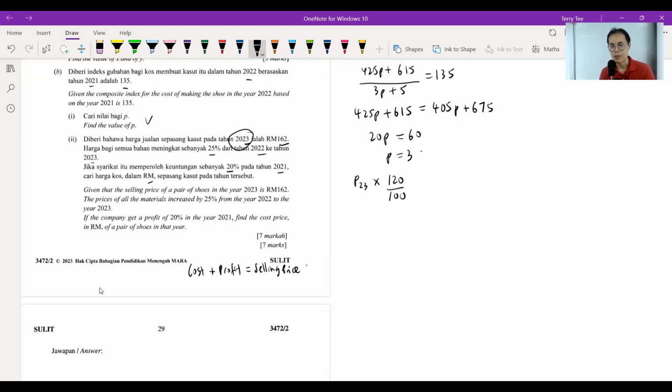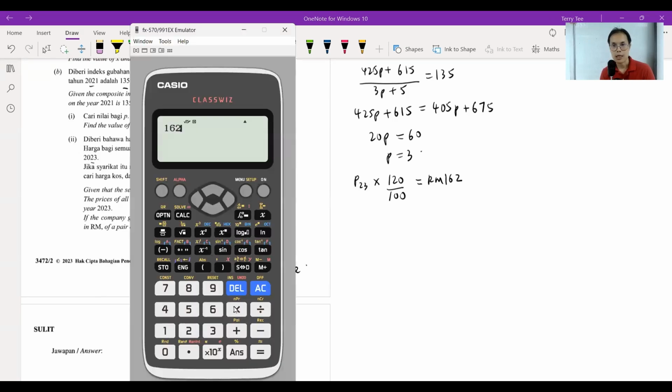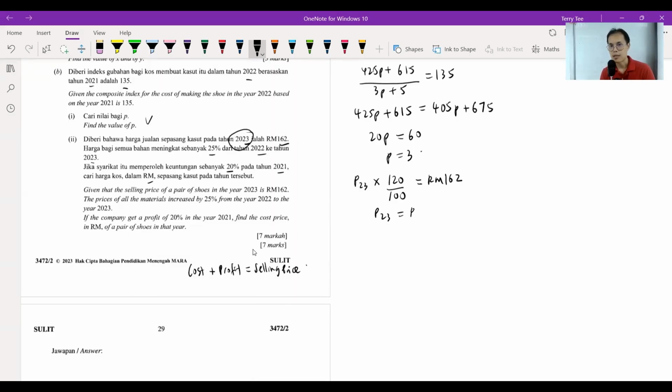You increase by 20% from 100, then you get your selling price. Your selling price is RM 162. So let's take 162 times 100 divided by 120. So I got my cost price in the year 2023. The cost price is RM 135.